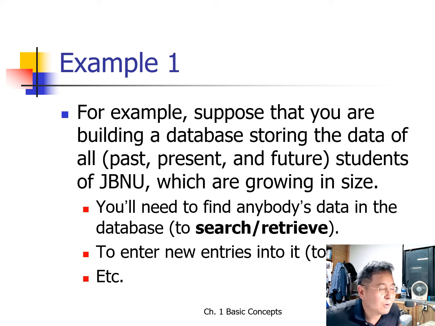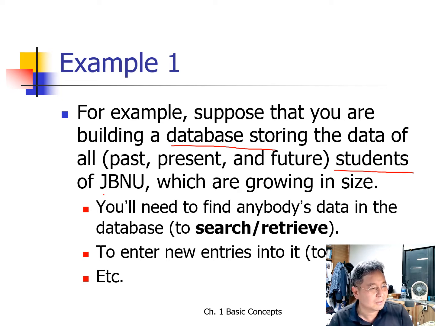So, examples of data structure and algorithms. First example is here. I want to build a database of students of our university, JBNU. Usually the number of students per year is 20,000 students.